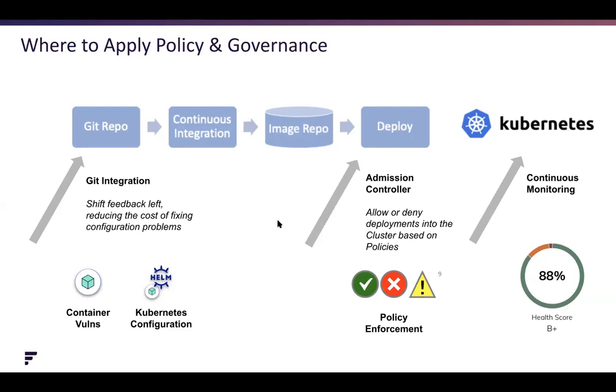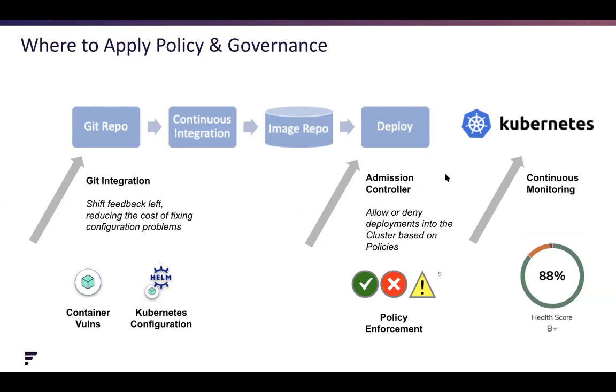The second point is really at the point of admission, and this is sort of like the last mile before an application gets into Kubernetes. We all know that continuous deployment is really important for getting to that speed to market, and container technology and cloud native technology is really great at enabling continuous deployment.